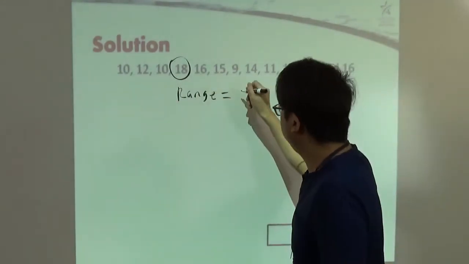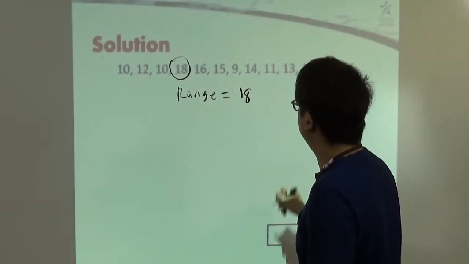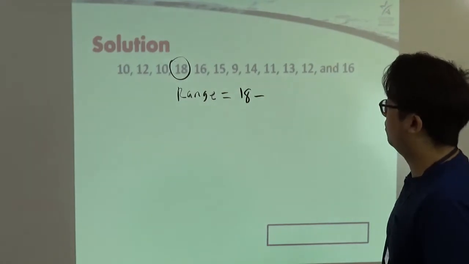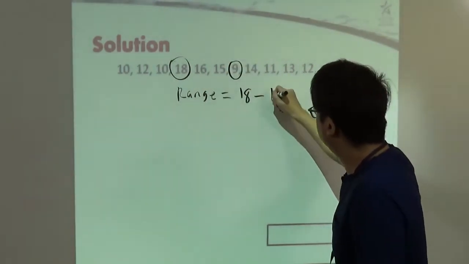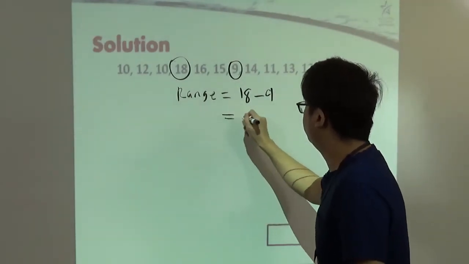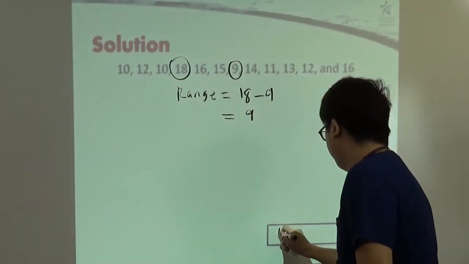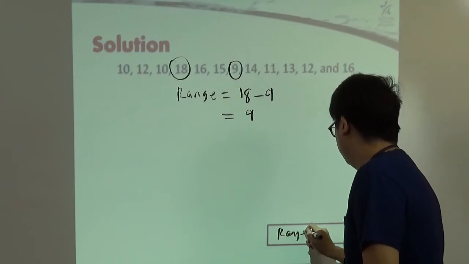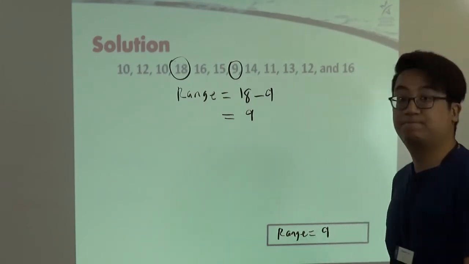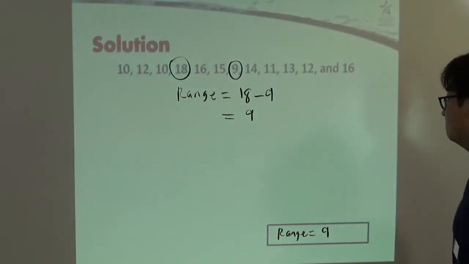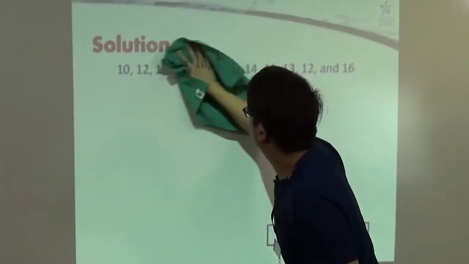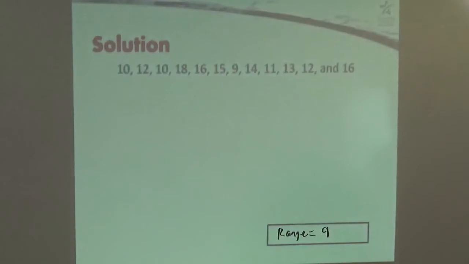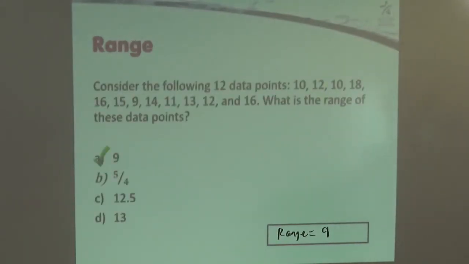The biggest number is 18, and our smallest number is 9. So it's 18 minus 9, and we know that would just be 9. So the range would be just 9. Right? Let's find out what's the answer. There we go. Range is 9.